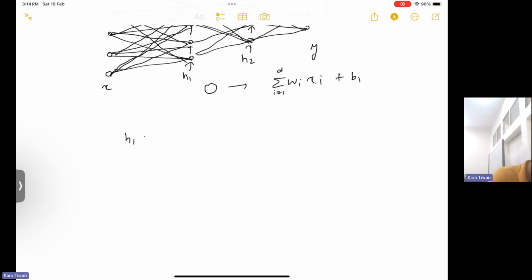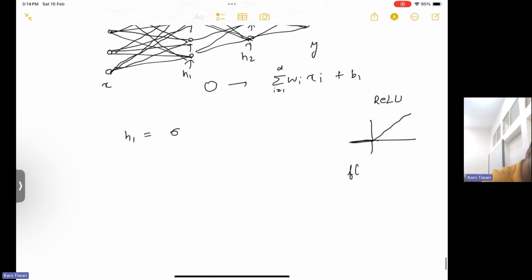So H1 is just a non-linearity, which can be a sigmoid, or in neural networks, the most commonly used is ReLU. It's a function which is zero if my input is below zero, and afterward it's the same value.